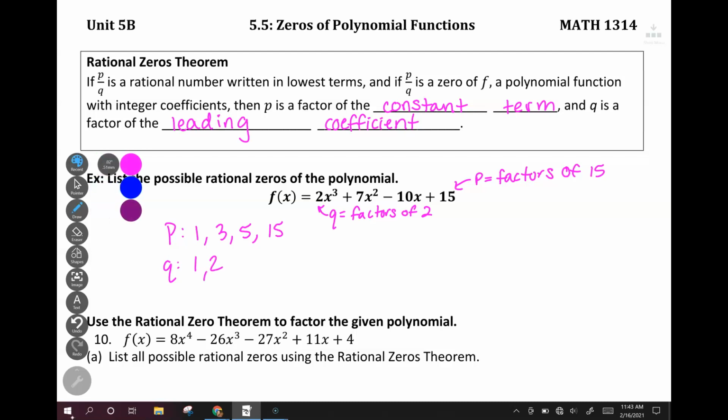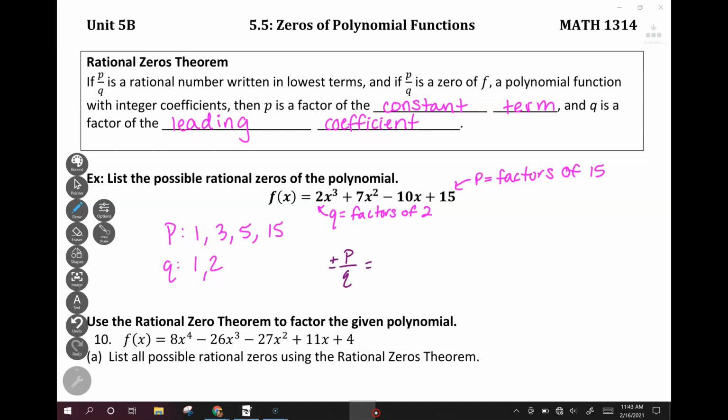Okay, and then you get your list of potential zeros. Your list of potential zeros is going to be all of the combinations of P divided by Q. And to make it a little more fun, it's actually going to be all of those positives or negatives, right? It could be a positive fraction or a negative.